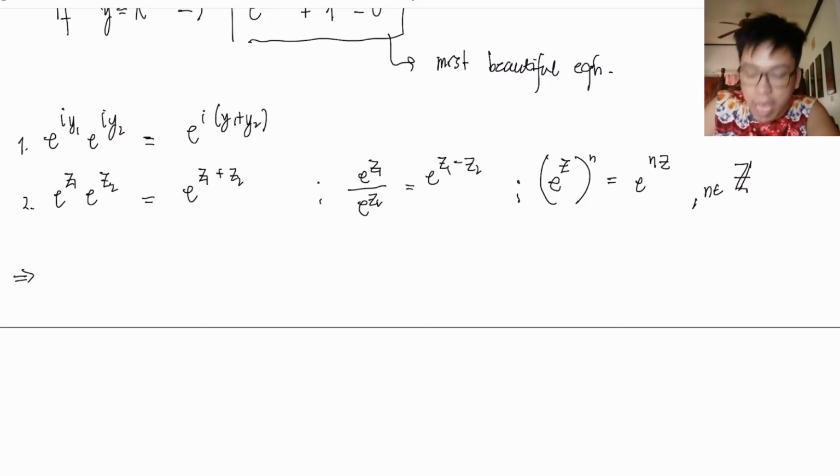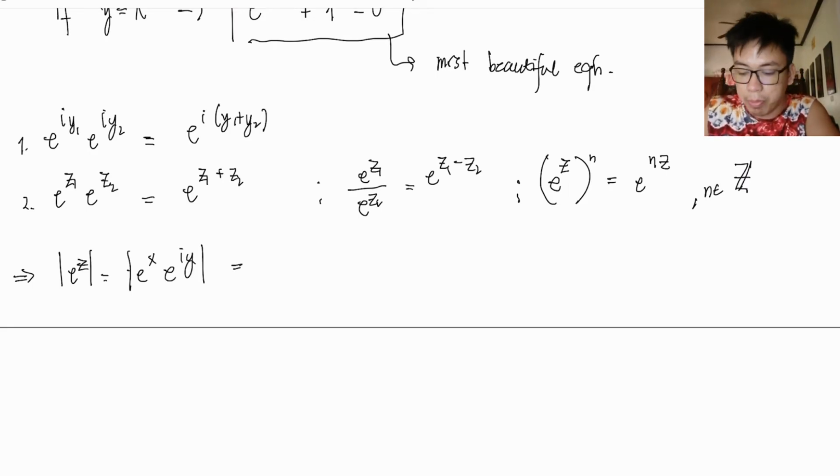Hence, by the above result that we've discussed earlier, the modulo of e^z is the same as the modulo of e^x times e^(iy). And if you remember, we've shown that the modulo of e^(iy) is 1. I don't need to use modulo on e^x anymore because we've known from the very start of this video that e^x is always greater than 0.